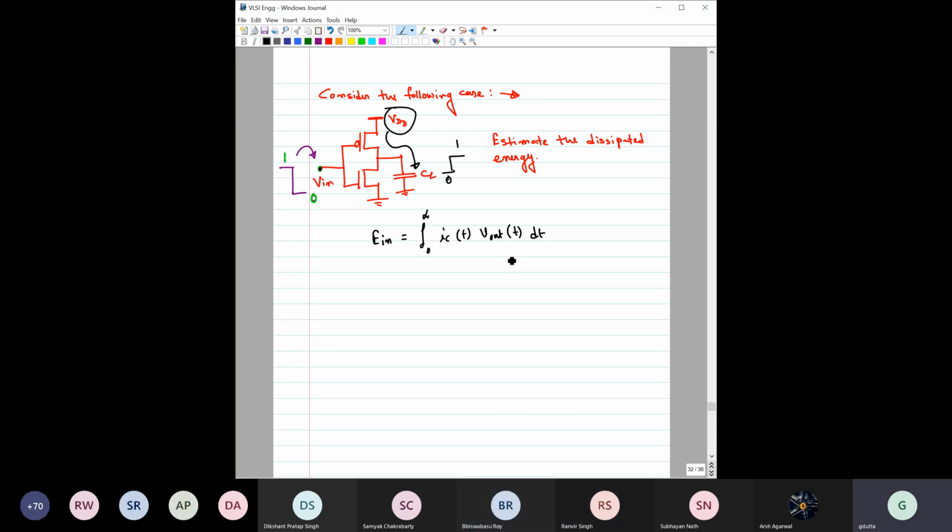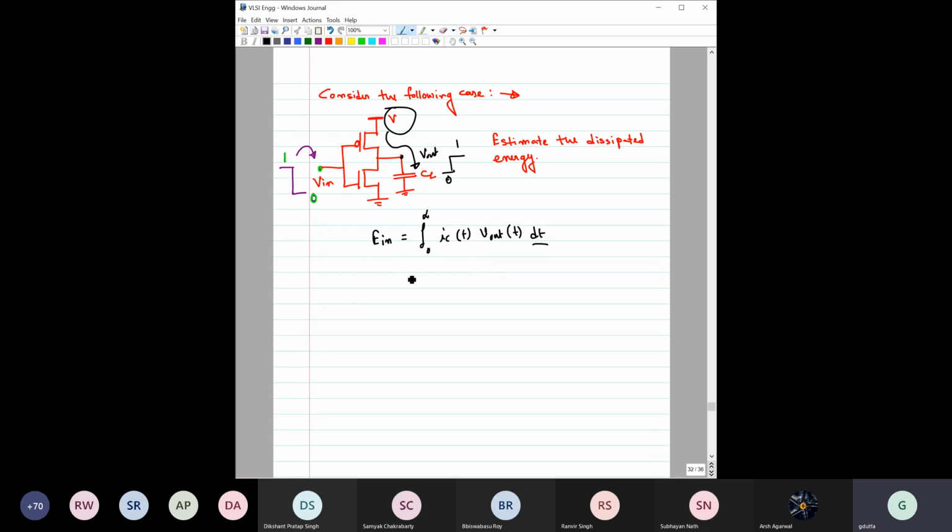Instead of V out, we should write VDD. No, V out, I'm saying this one. So the upper limit should be VDD, I guess. This upper limit here we are doing in terms of time. So finally we can put it as VDD. Okay, let me just put it as V.